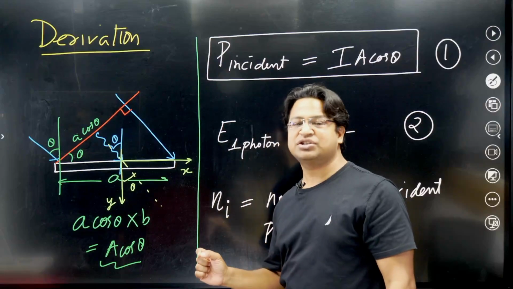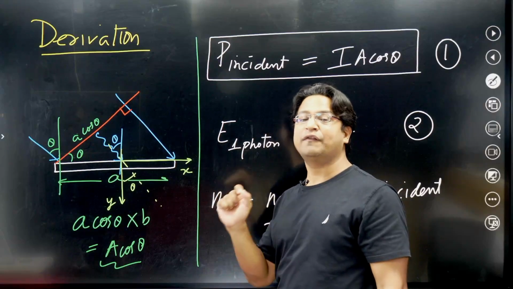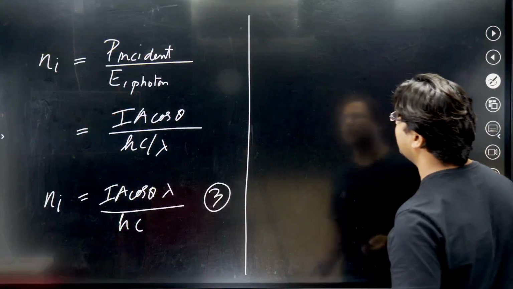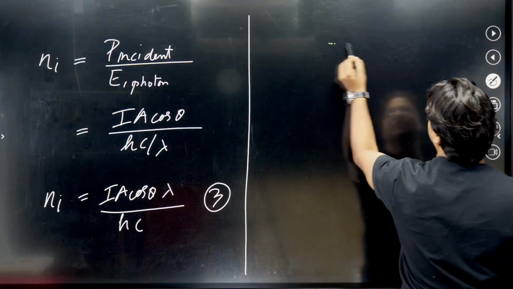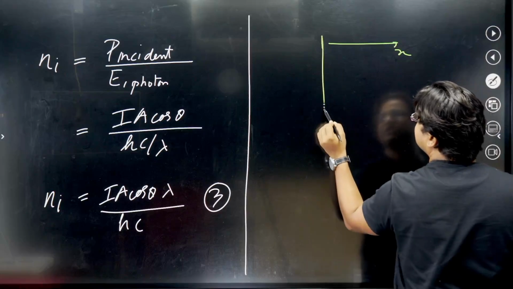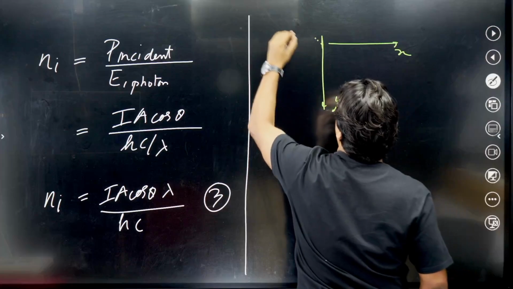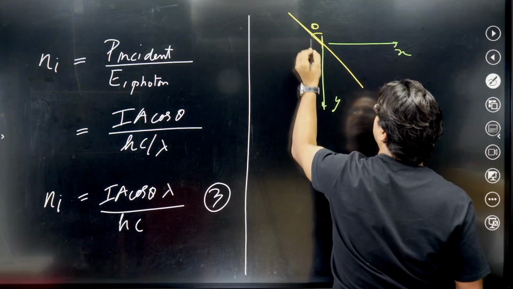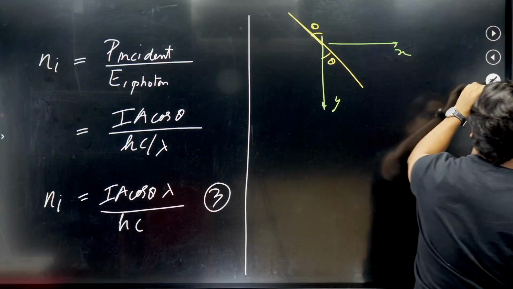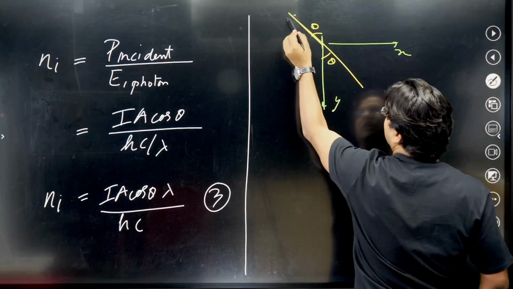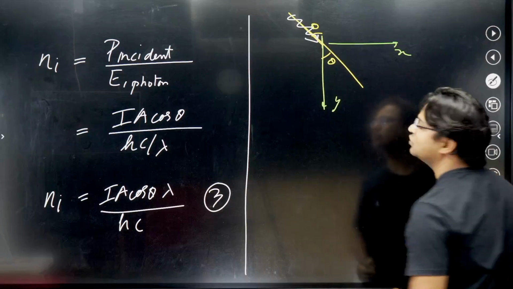My intention is to write the momentum of one photon. So let's do that. Let me write it here again. This is the x-axis. This is the chosen y-axis. The photon is coming like this along this line, which makes an angle theta. So this is the direction along which the photon is coming. You know how to write a vector.